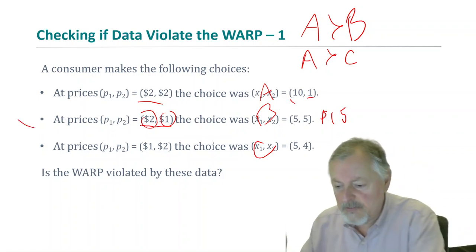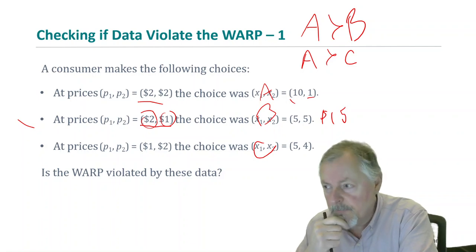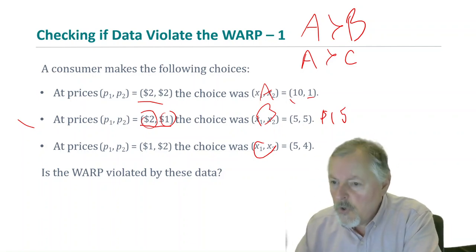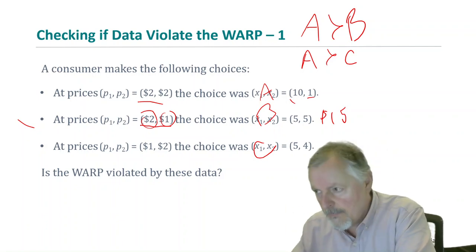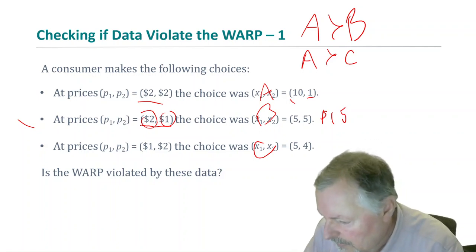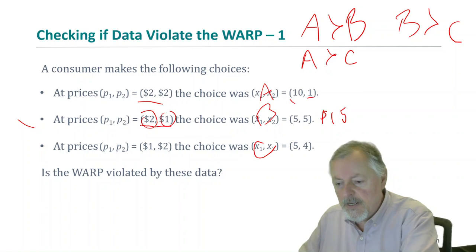At those prices, bundle C would have cost you $14. We know you have at least 15. So you could have chosen C. You didn't. You have directly revealed you like B better than C.